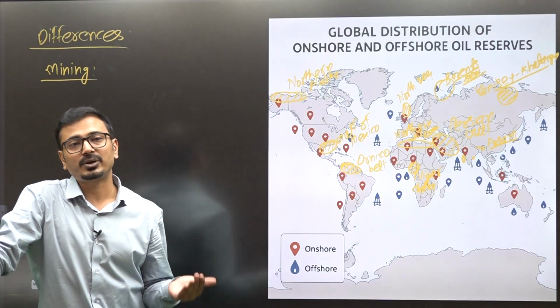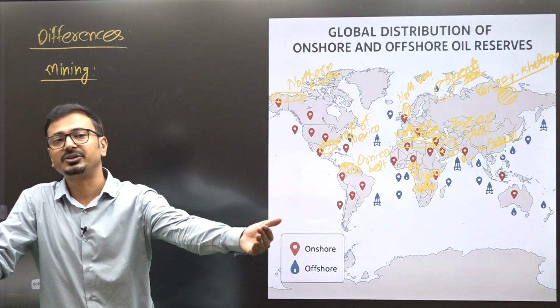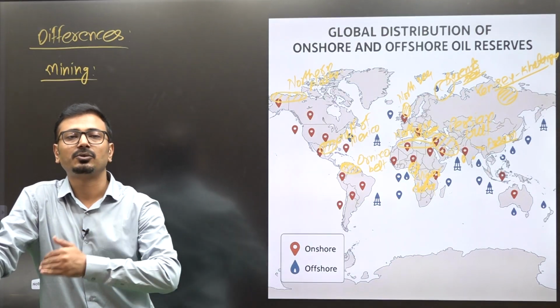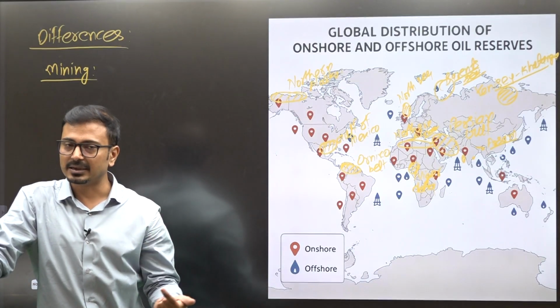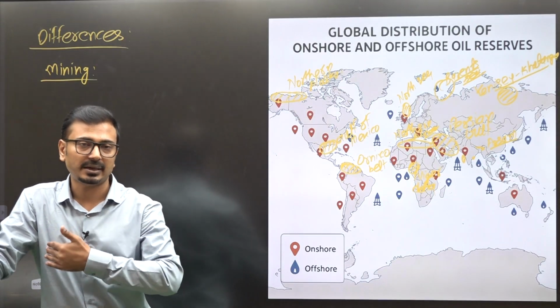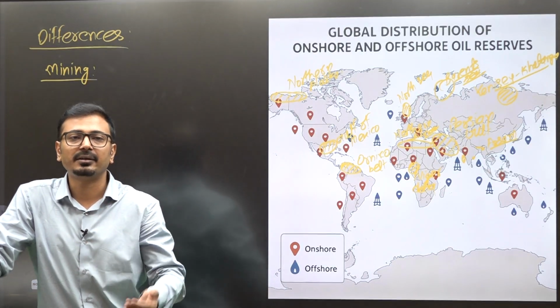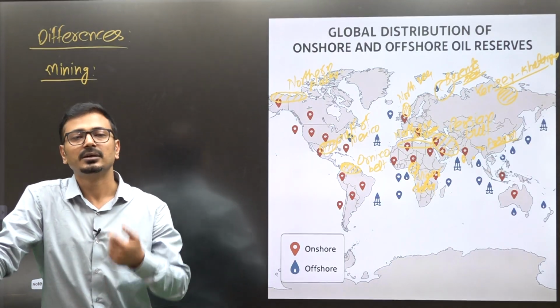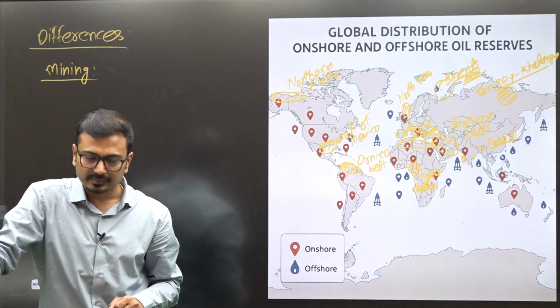Second, the transportation aspect. Transporting that crude oil from inside the sea to the land and thereafter to the interiors to the refinery is more costly as compared to onshore. We can have a direct connection and an immediate refinery can be set up there itself near the oil drills, and this is how it is comparatively less costly.